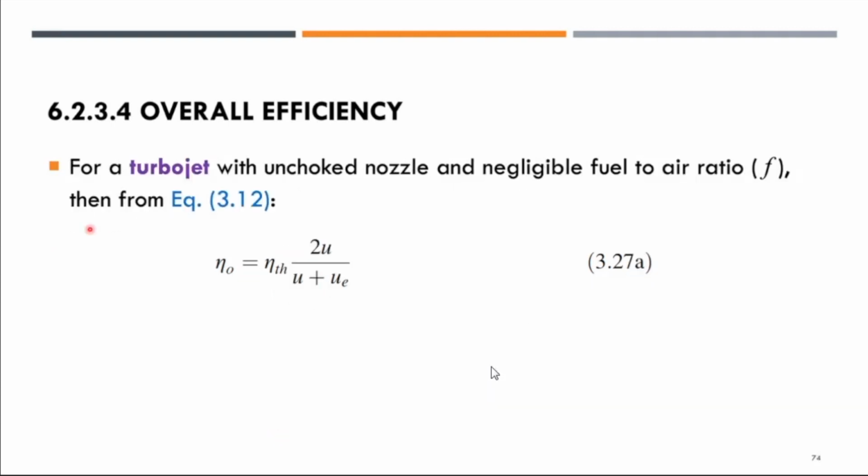So for a turbojet with an unchoked nozzle and negligible fuel to air ratio, the overall efficiency zeta O is equal to the thermal efficiency times 2U, 2 times the aircraft speed, divided by the aircraft speed plus the exit velocity. Okay?